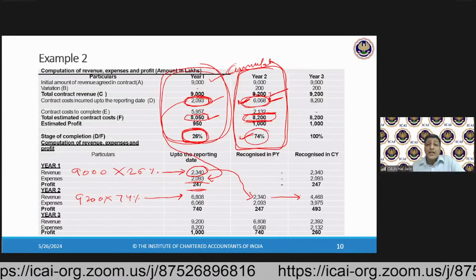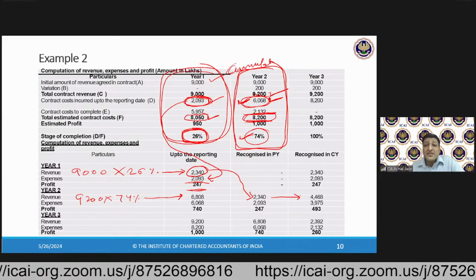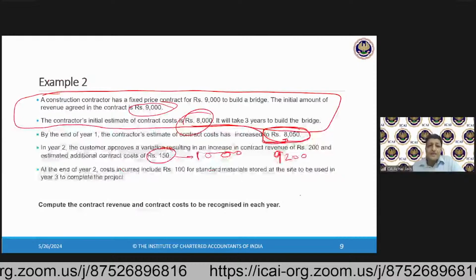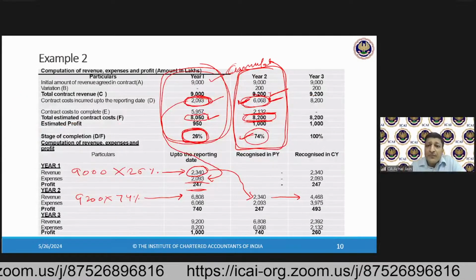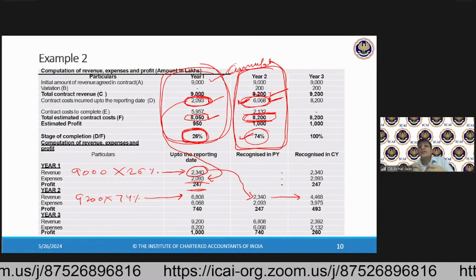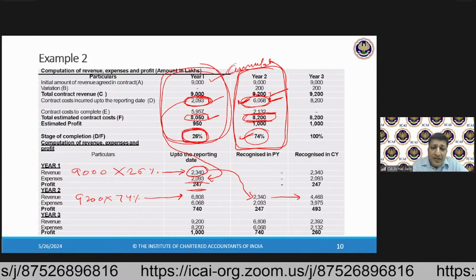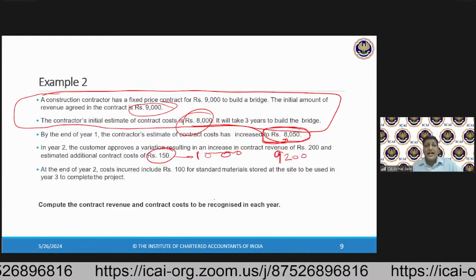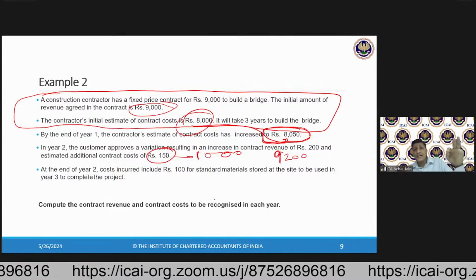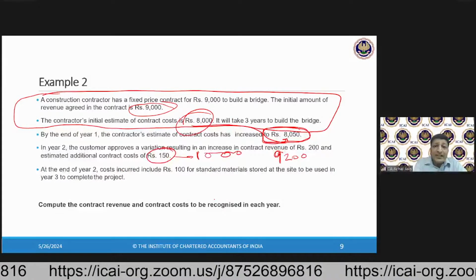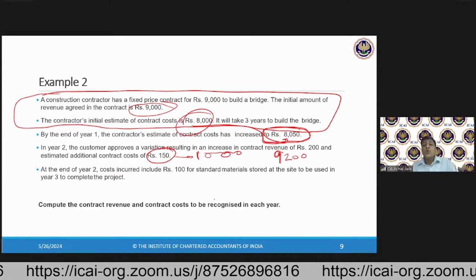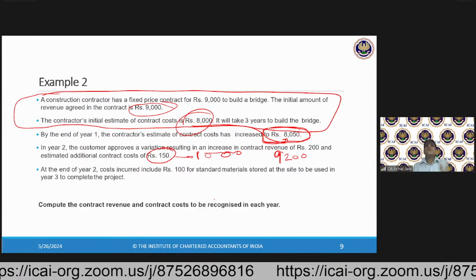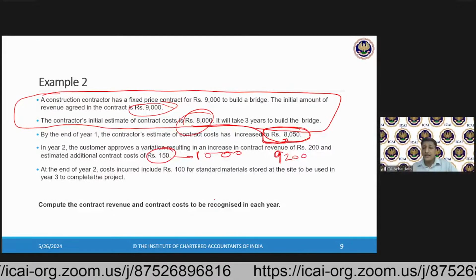Now, let's look at the amount of expense. Now, amount of expense for year two, or you can say up to year two, is what? 6,068. And if you remember, it was specified in the question that in year two, cost incurred includes rupees 100 for material, which has not been used at the site.